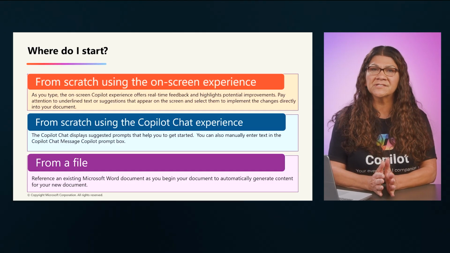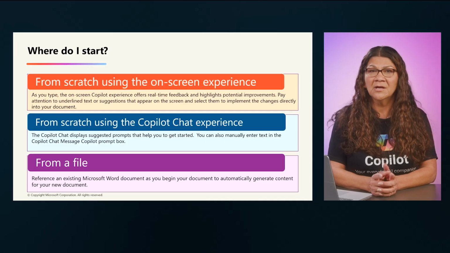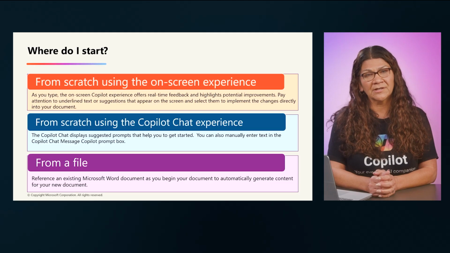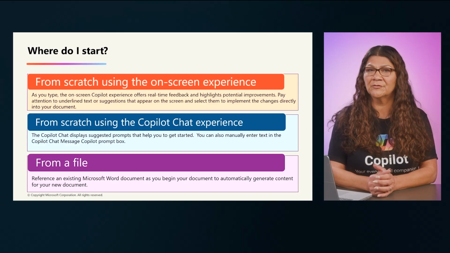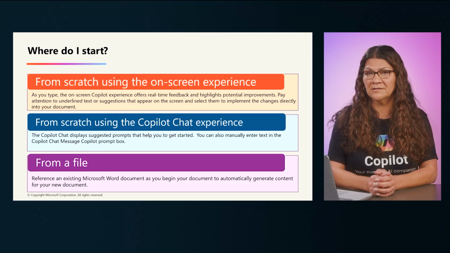This combination of starting points empowers you to work the way that fits your flow, whether you're ideating freely or refining an established structure. As you explore these entry paths, think about which options are most helpful for your daily work and spend some time brainstorming prompts you could realistically use and refine.